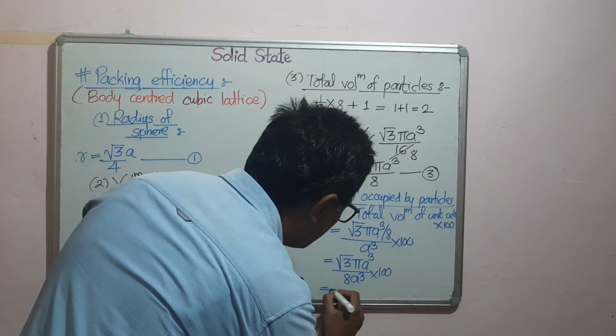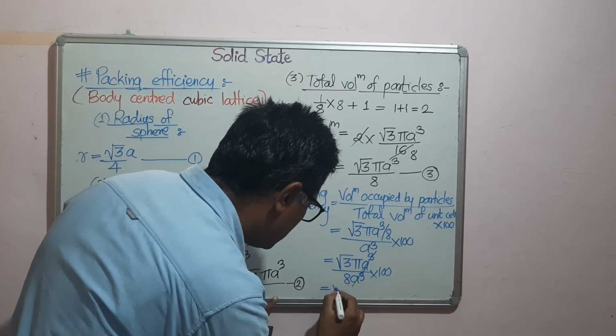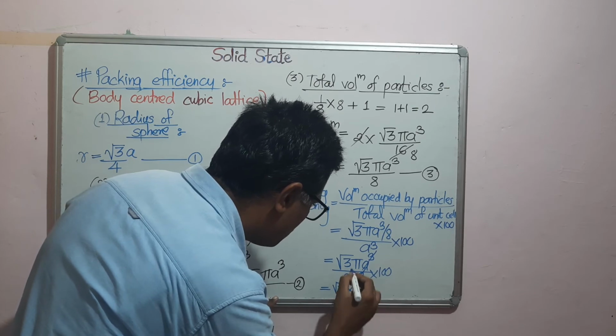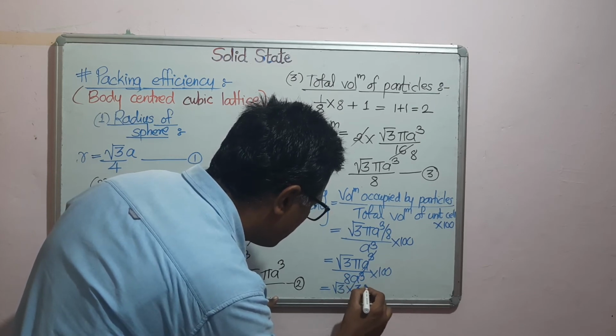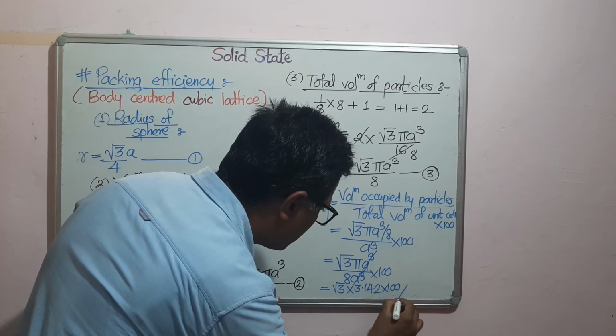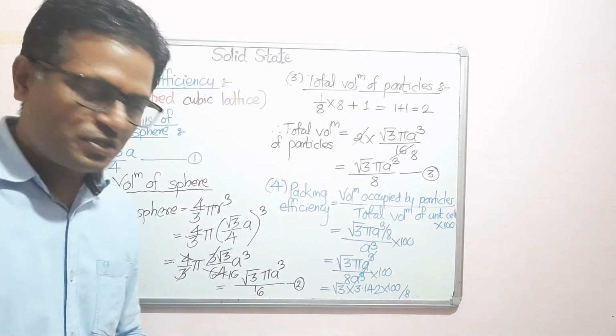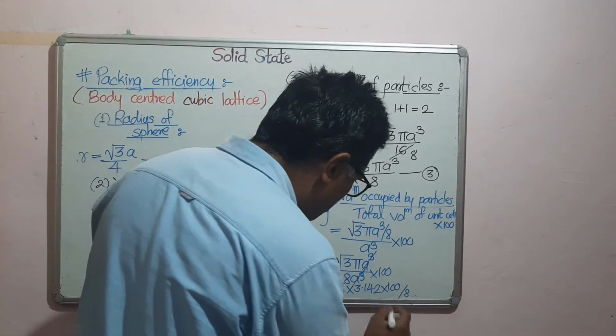So a cube gets cancelled with this a cube. So what do you get? You get root 3 into, put the value of pi, 3.142 into 100 divided by 8. Okay, you just do the calculation of these particular numbers.